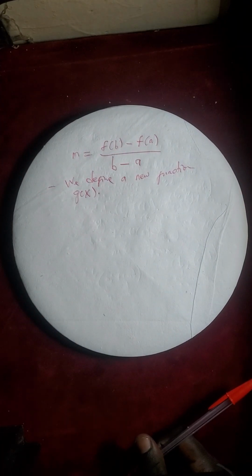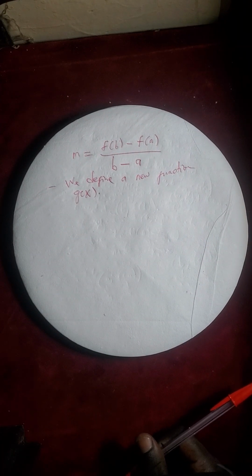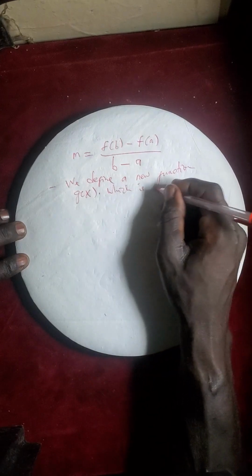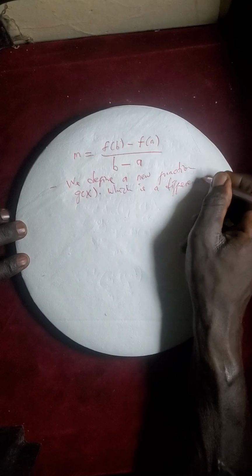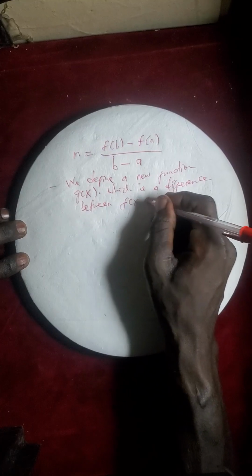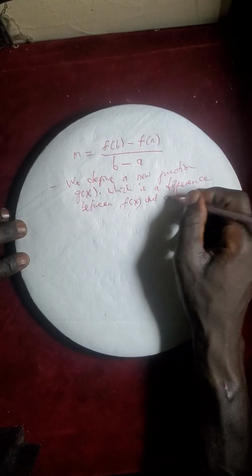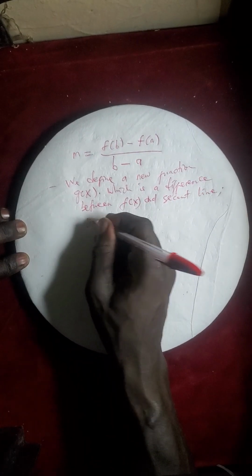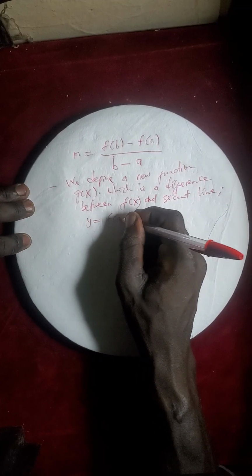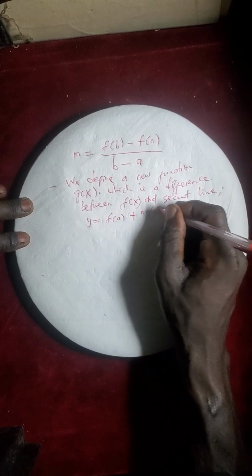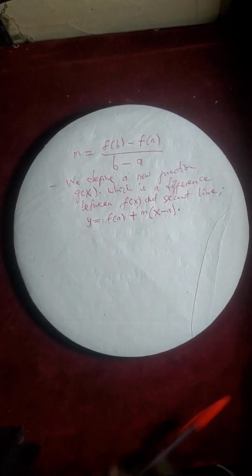This function is going to be a difference between f of x and the second line, which is given by y equals f of a plus m times x minus a. Difference means subtraction. So that is the case.